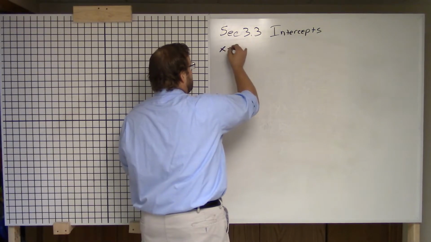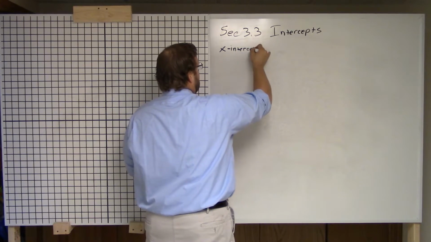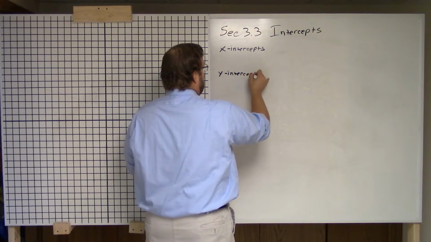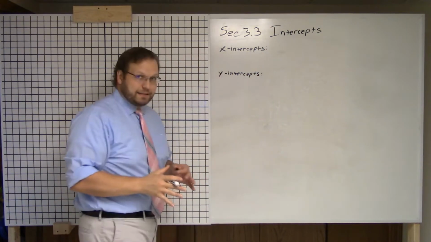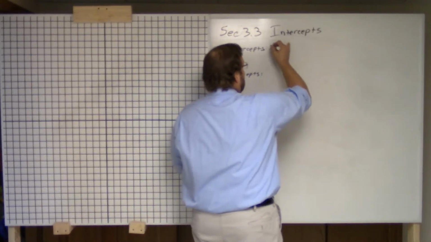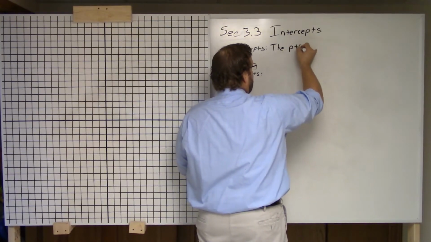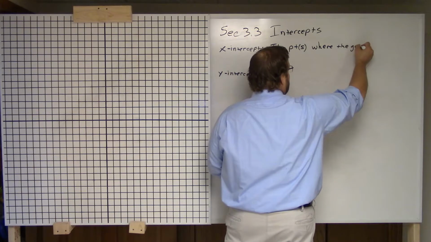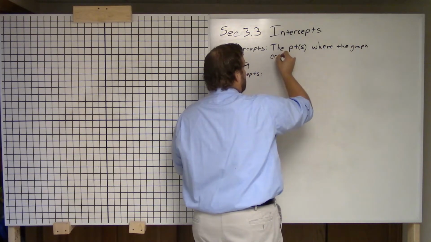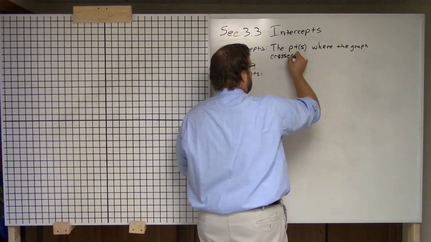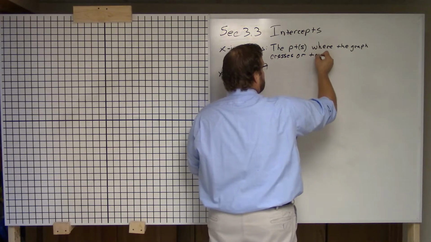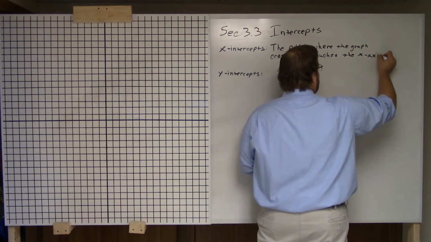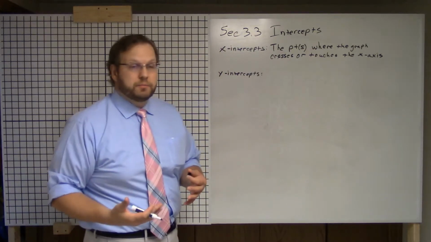There are X-intercepts, and then there are Y-intercepts. X-intercepts are the point or points where the graph crosses or touches the x-axis, hence the name X-intercept.